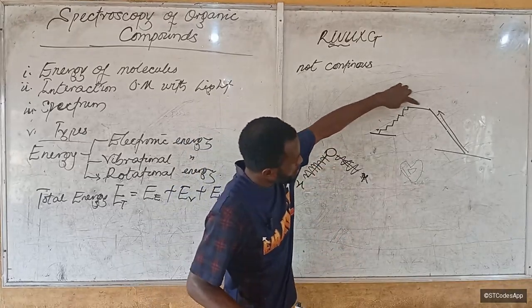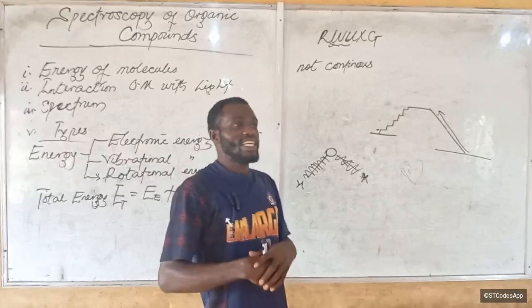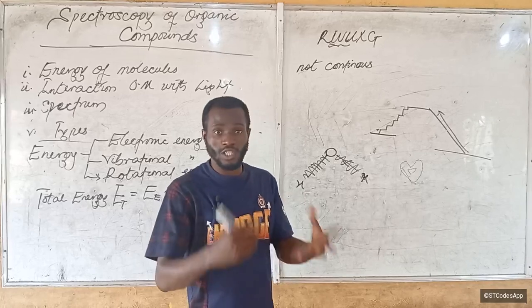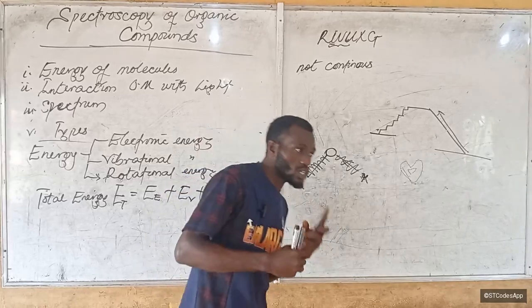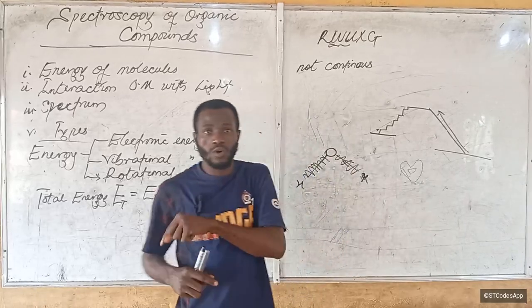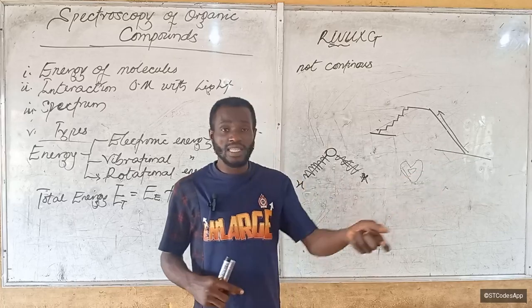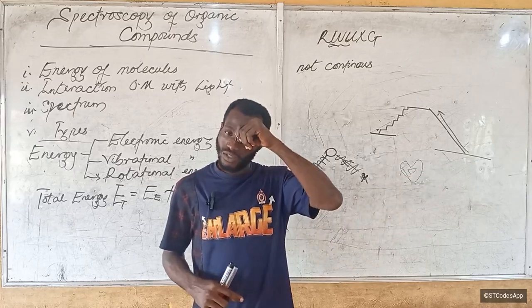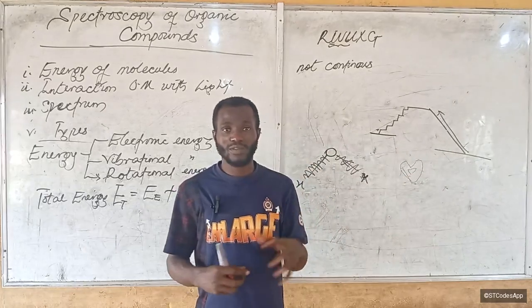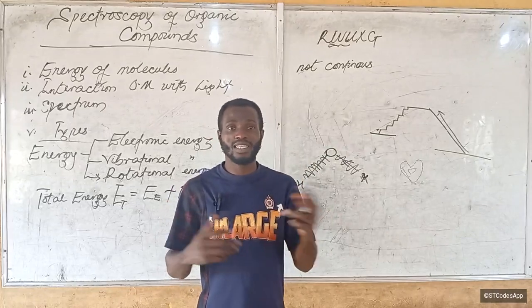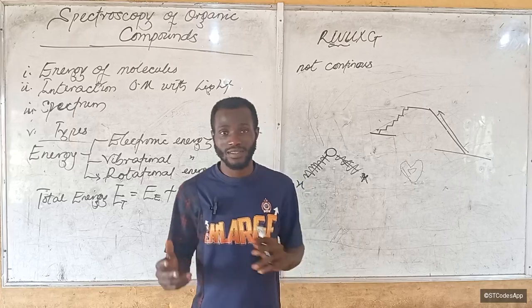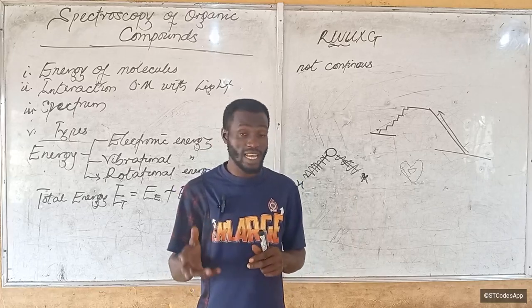As you move up like that, it means that if the electrons do not get the amount of energy they need, they will not move from the stable orbital to an unstable orbital. I've already explained this in my physics video, so check one of my videos on absorptivity and reflectivity in light waves.